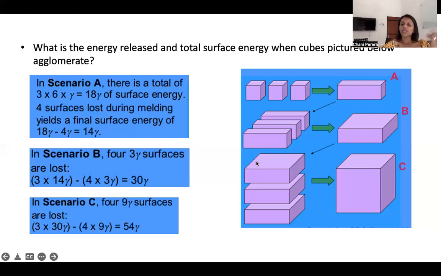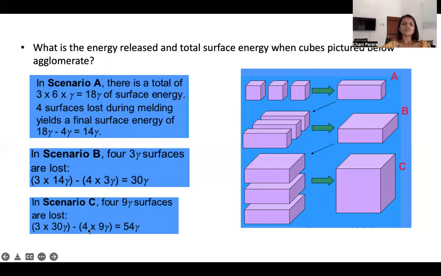You can do the math and you will see this one will have 1, 2, 3. This will have 9 gamma surface, and then we are losing 1 from the end blocks and 2 surfaces from the middle block.